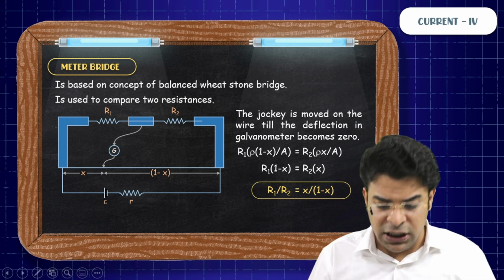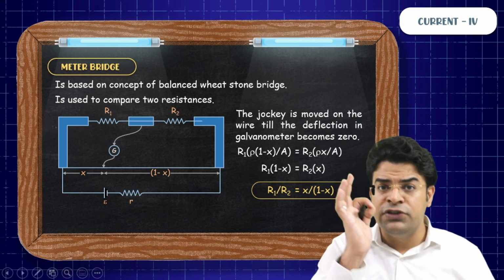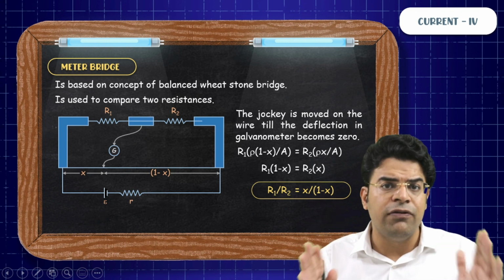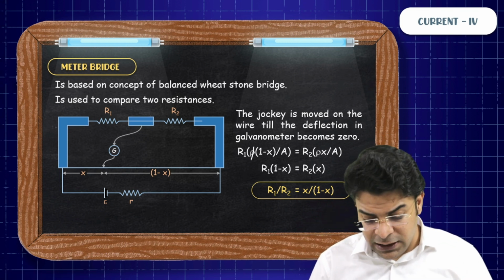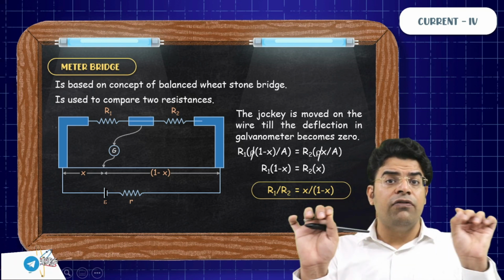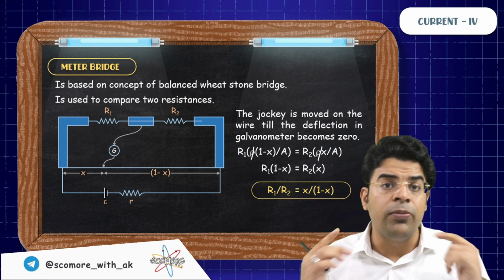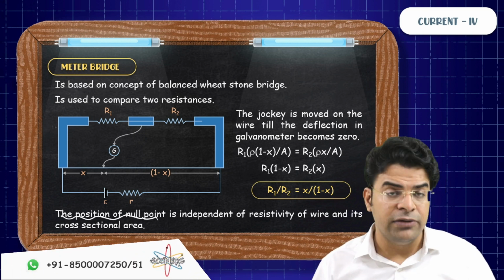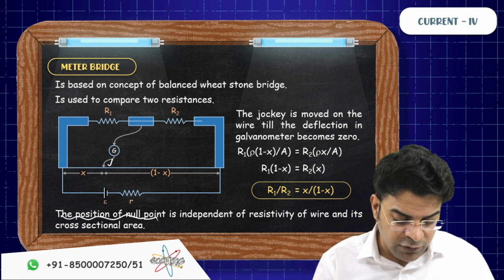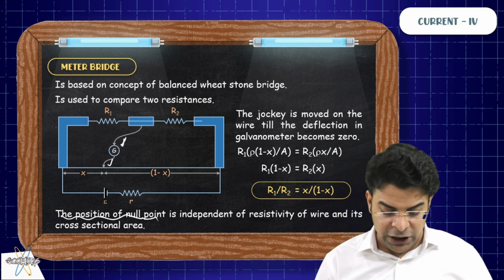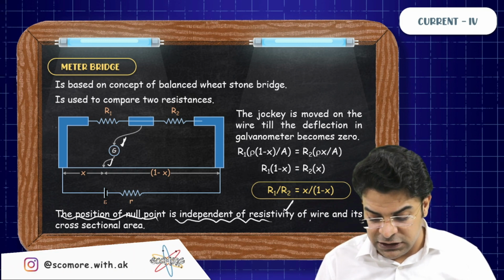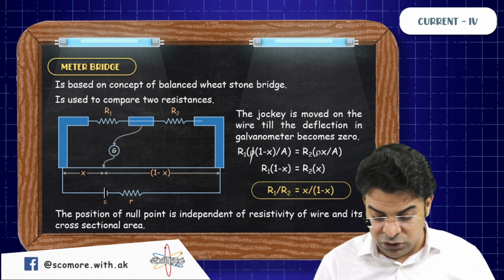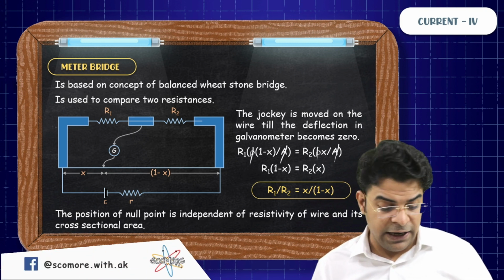The position of null point, the position of zero deflection, is independent of the cross-sectional area of the wire. Moreover, it is independent of the resistivity of this wire, as those terms get cancelled. So remember that the position of null point, the position of the jockey for which no current flows through the galvanometer, is independent of the resistivity of the wire and its cross-sectional area, because these two terms get cancelled anyway.